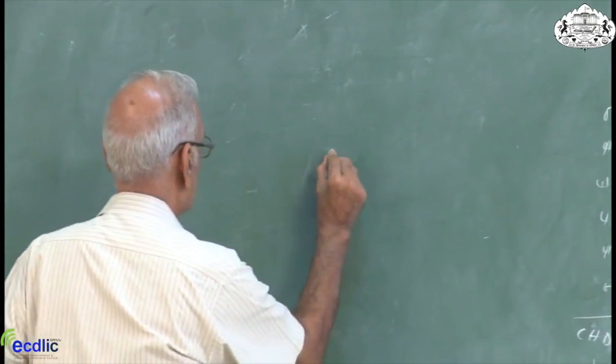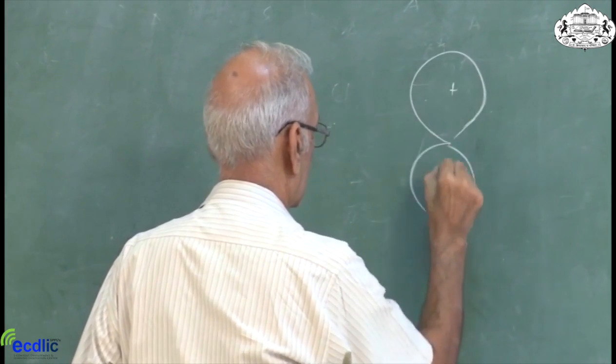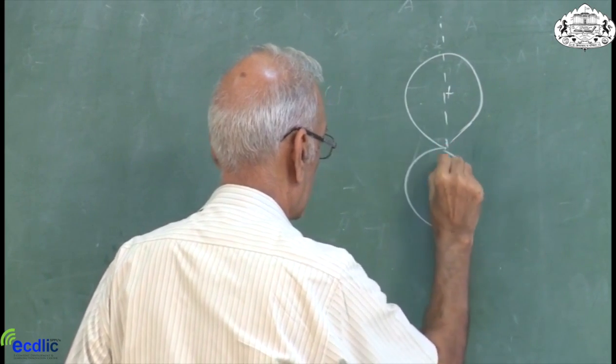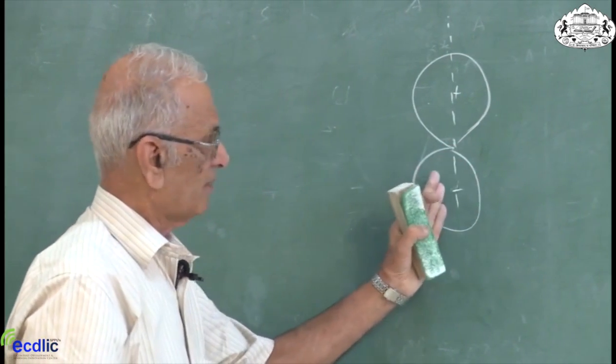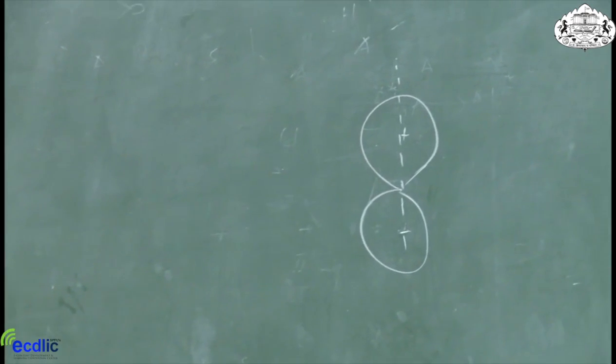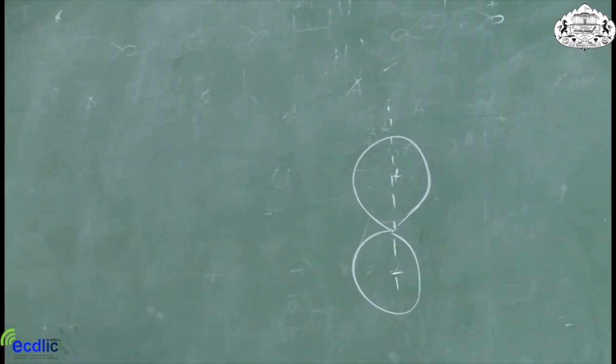If I show my p orbital like this, this half is minus, this half is minus, this is plus, this is plus. Therefore, your p orbital is symmetric for mirror plane.